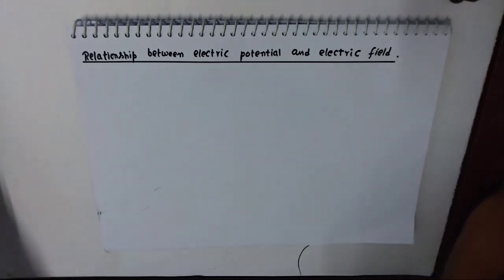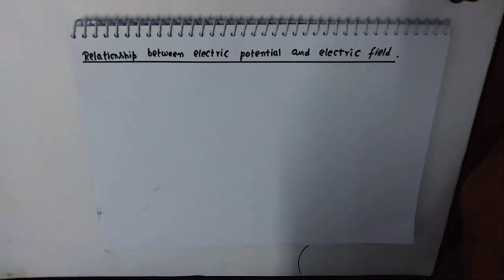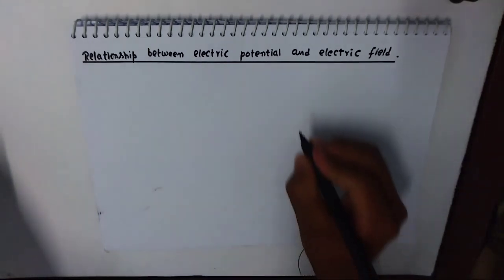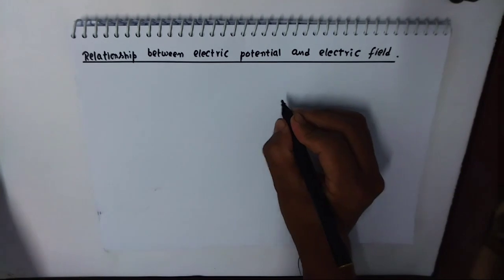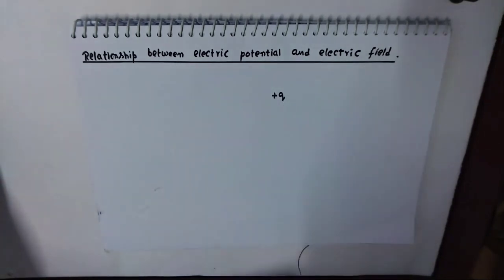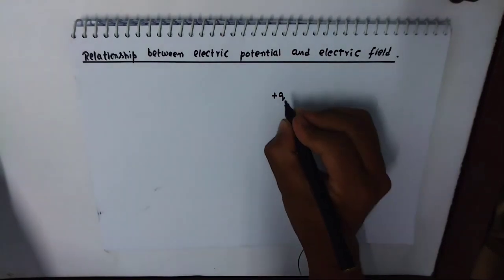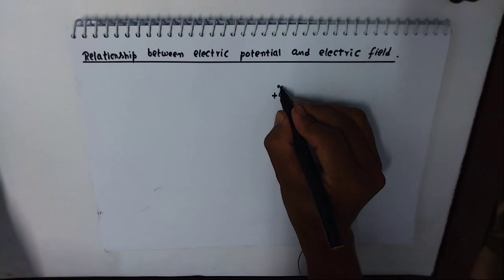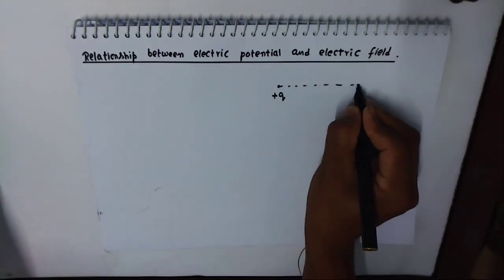Now we will discuss the relationship between electric potential and electric field. So first of all, let us consider a positive charge plus Q located somewhere here at this point. So let's draw a line like this.